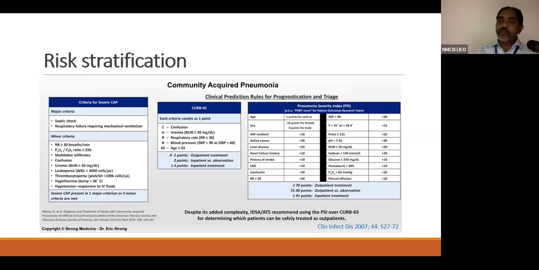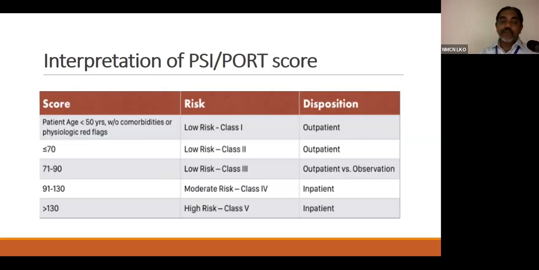Similarly, a pneumonia severity index has been designed, in which points have been assigned to various factors listed in this table. If the score is less than 70, the patient is low risk, class 2, and can be managed on an outpatient basis.